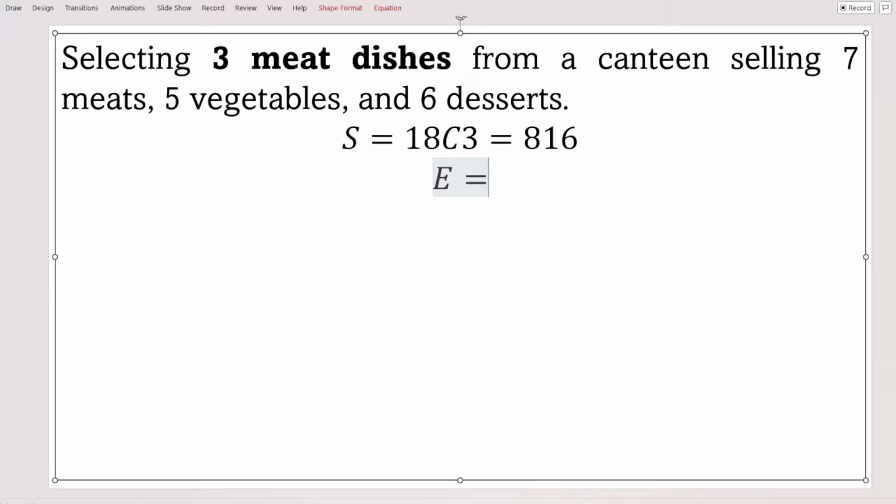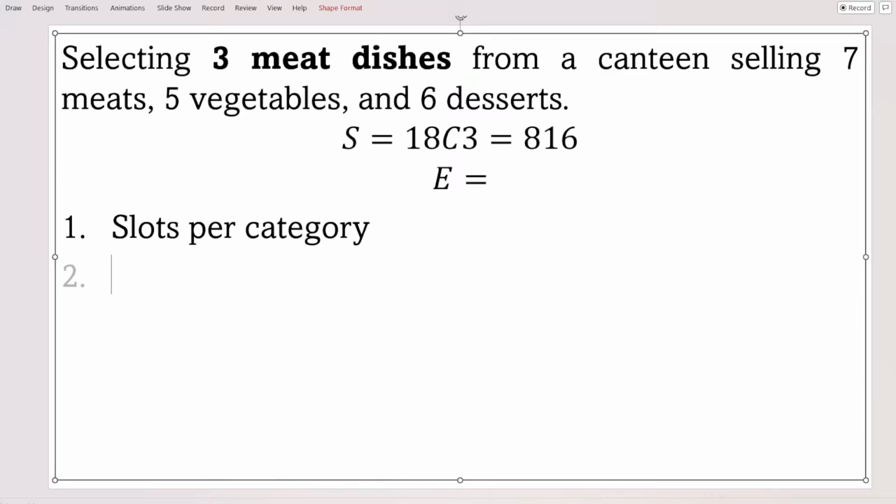Select three meat dishes. Okay, remember that when we are solving this one, here are your steps. We allocate the slots per category. This is not an empirical step, this is just me telling you how to make it easier.